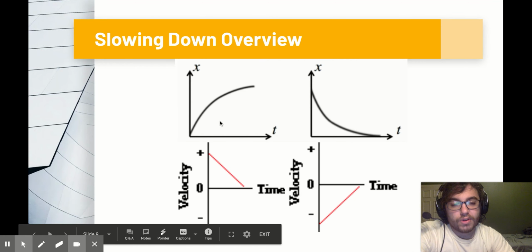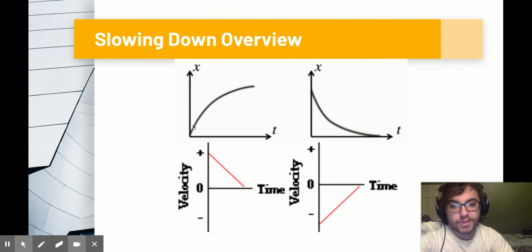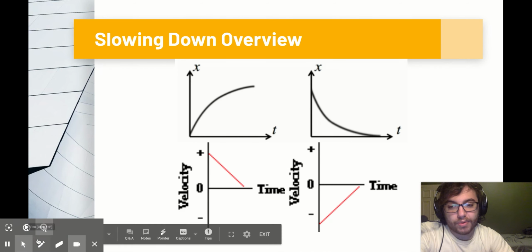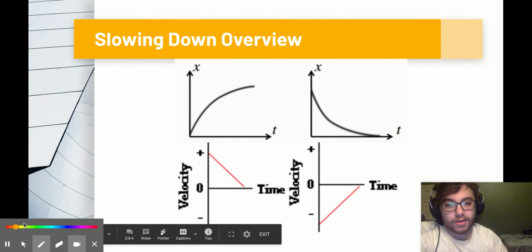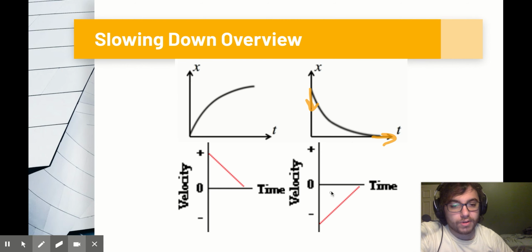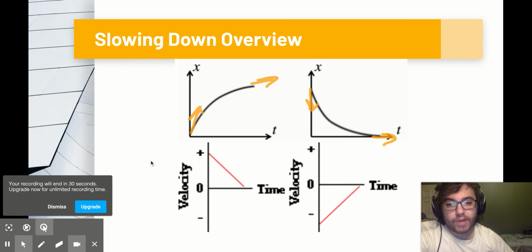Now, here's what they look like together. So slowing down, you see it's approaching 0, approaching 0. The tangential velocity, again, is approaching 0. I'll even draw it on this one. So big, small, approaching 0. Big, small, approaching 0. Great.